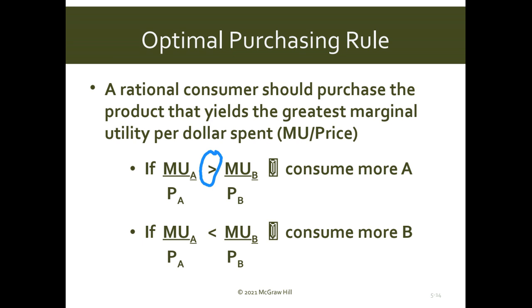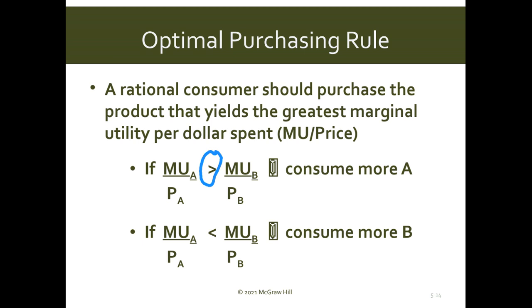So if MUA over PA is greater than MUB over PB, you are getting higher satisfaction by spending your additional dollar on product A instead of B.